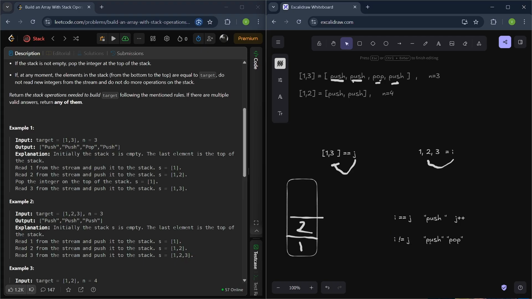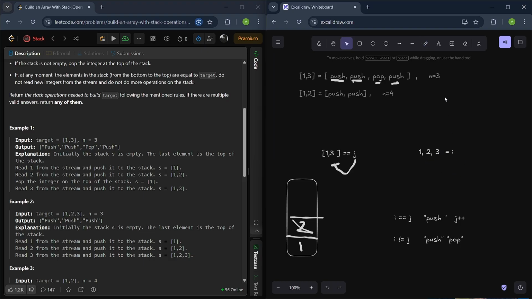If i is not equal to j, we are going to use push, insert it, then cancel it out by the pop operation. Good. Then we are not going to increase j because we have to look for this number. The loop will move forward, but okay.